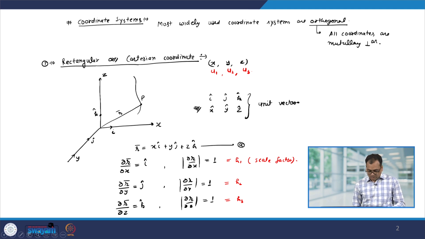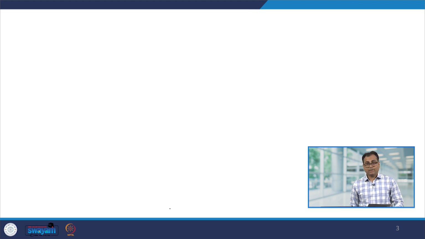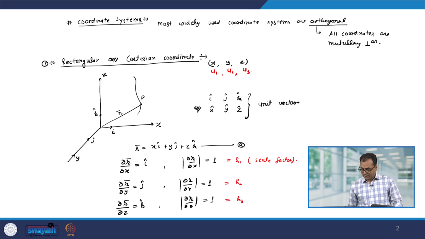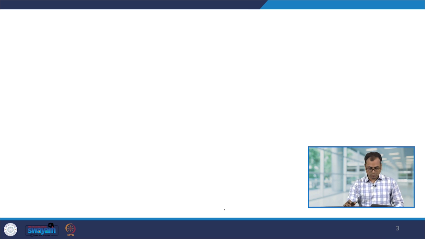Okay. Now, in terms of the u1, u2, u3, h1, h2 and h3, we can write down various quantities. For example, what is the general infinitesimal displacement, what is the infinitesimal surface area and what is the infinitesimal volume element etc. Now, let me write down the general infinitesimal displacement vector dr in terms of h1, h2, h3 and u1, u2, u3.